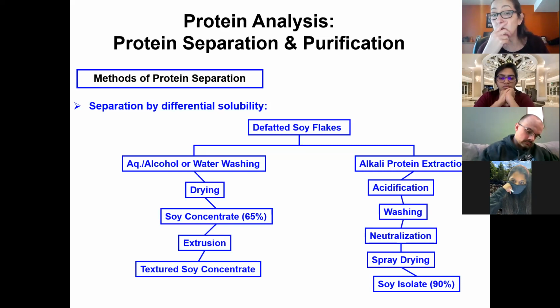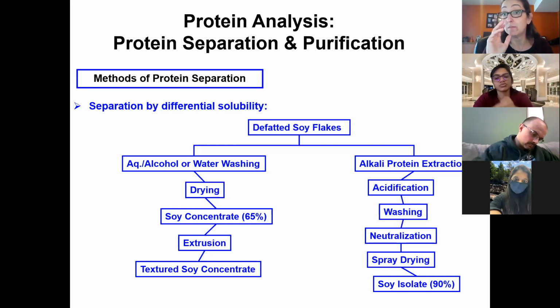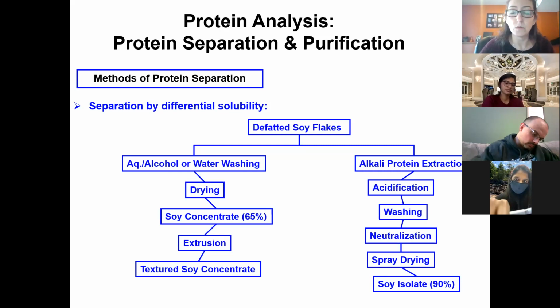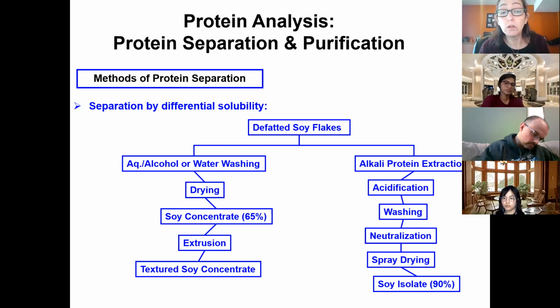You can get the concentrate if you take the flakes and also precipitate at acidic pH directly. So take the flakes, put it in water, and then acidify. Then again, the protein and fibers will just precipitate, and you can get rid of the solubles as well. So you end up with this concentrate, and it's often used to produce texturized vegetable protein.